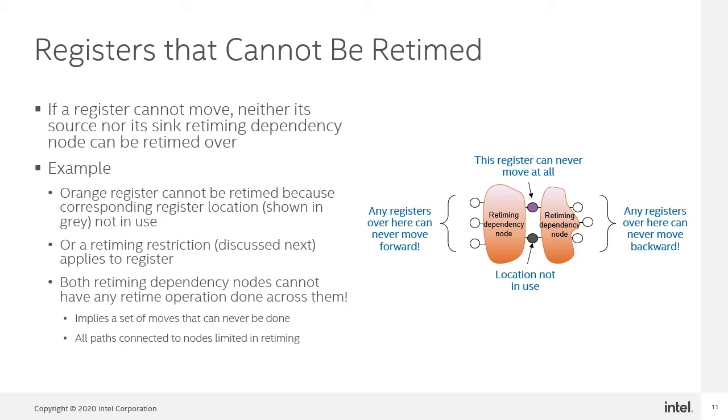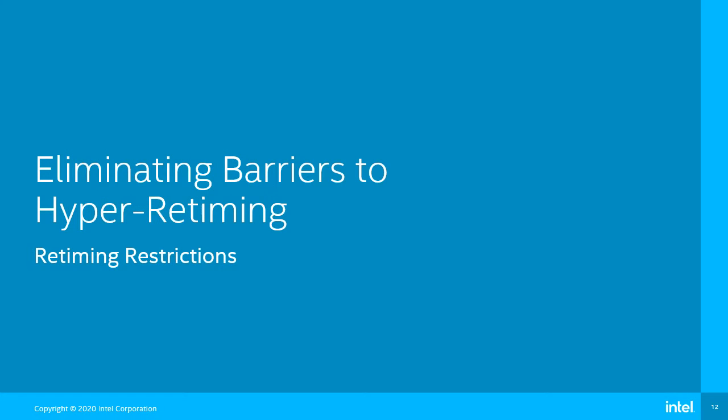And remember, like we saw in the last slide, one blocked register can have a cascading effect, preventing many other seemingly unrelated registers from being retimed. Now that we understand retiming, retiming dependency nodes, and the effects of retiming dependencies a bit better, let's look at some specific factors that prevent retiming.